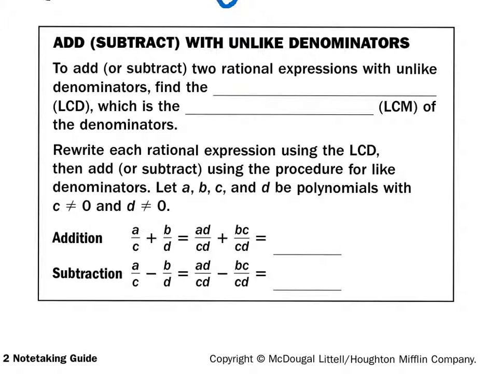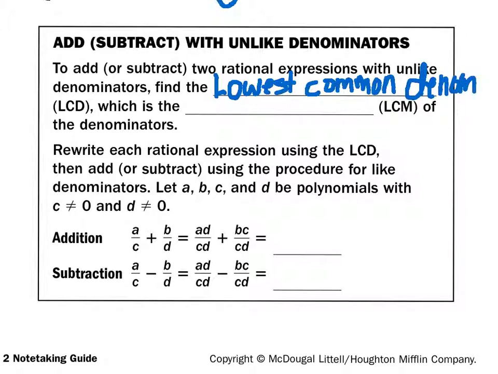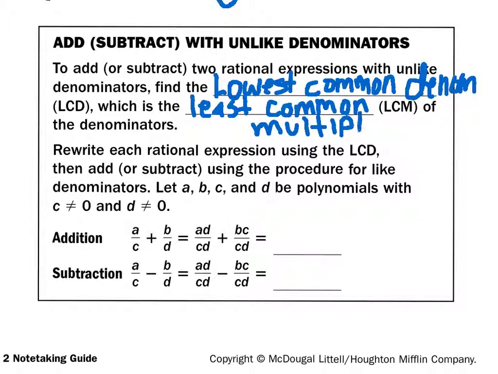So to add or subtract two rational expressions with unlike denominators, find the lowest common denominator, which is the least common multiple of the denominators. All right, I'm going to go ahead and go to the next page.